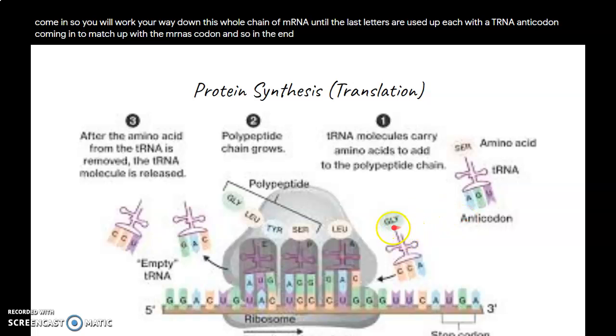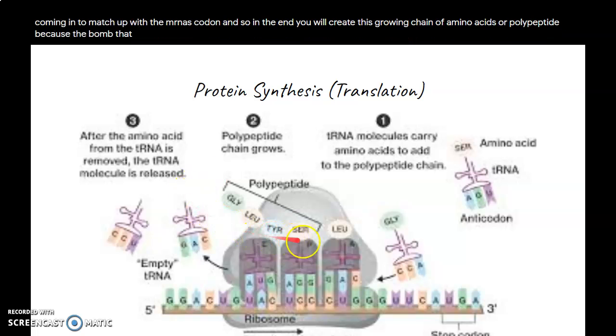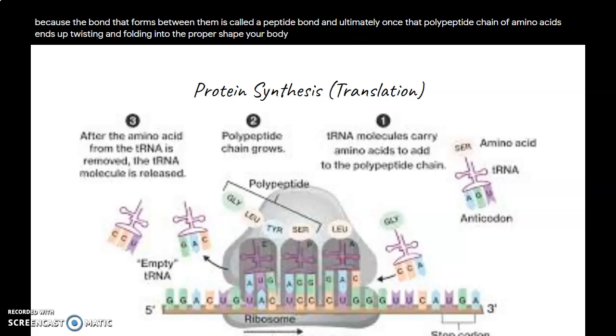And so in the end, you will create this growing chain of amino acids, or polypeptide, because the bond that forms between them is called a peptide bond. And ultimately, once that polypeptide chain of amino acids ends up twisting and folding into the proper shape, your body will have made the correct protein.